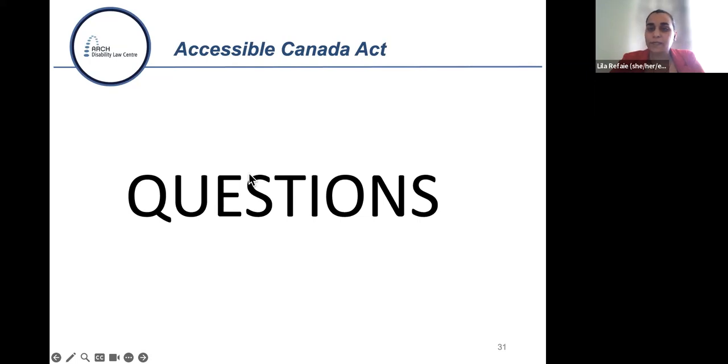Our next question: may we have a description of how the ACA interacts with the AODA? As a reminder, for those who may not be from Ontario, the AODA is the accessibility legislation in Ontario. Essentially, the ACA and the AODA are two very separate pieces of legislation. While they have similar goals of removing barriers to accessibility, they don't apply to the same types of organizations.